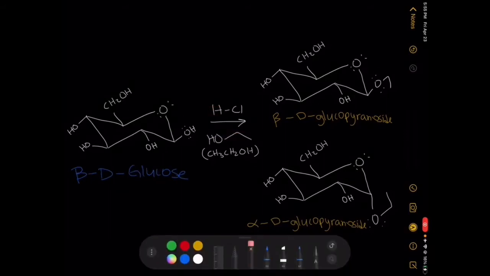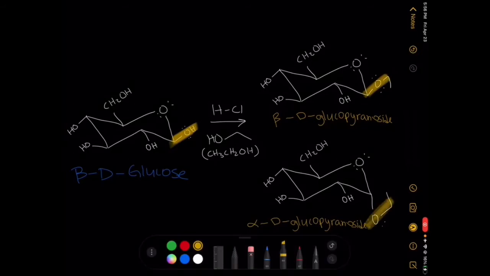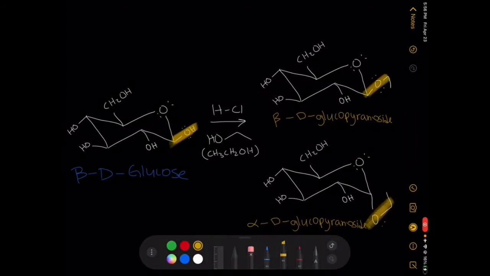Before going ahead and starting the actual mechanism, first I want to make sure that you understand that the only change among these three structures is the fact that this OH right here is not there anymore. So this ether, OCH2CH3, replaces the OH.